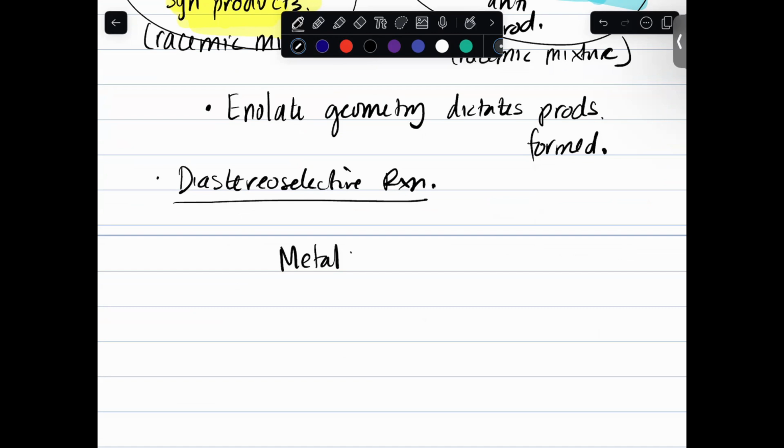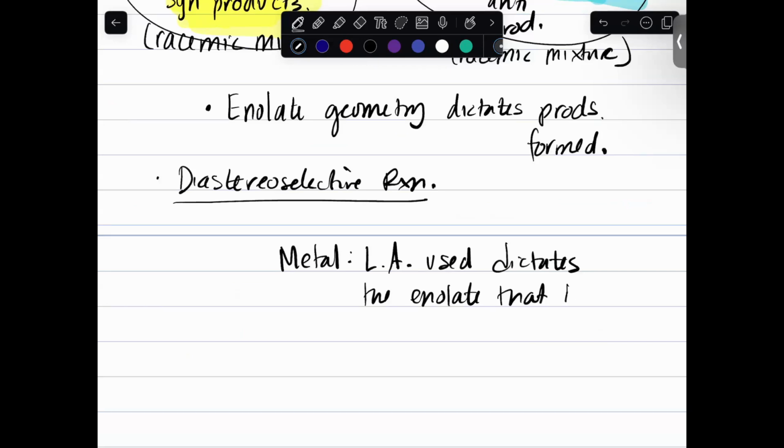The metal, i.e. Lewis acid, used dictates the enolate that is formed. Okay. So your Lewis acid used for the reaction dictates what enolate you are going to form.